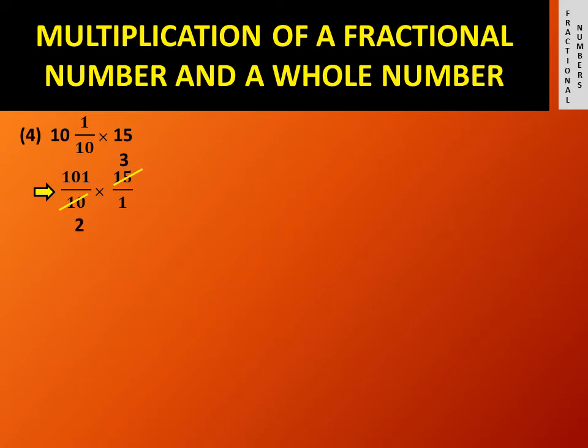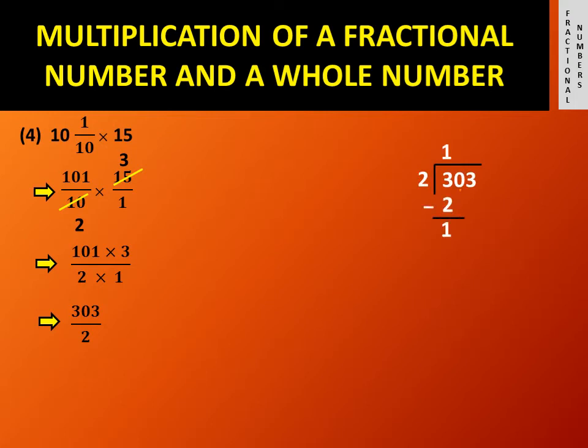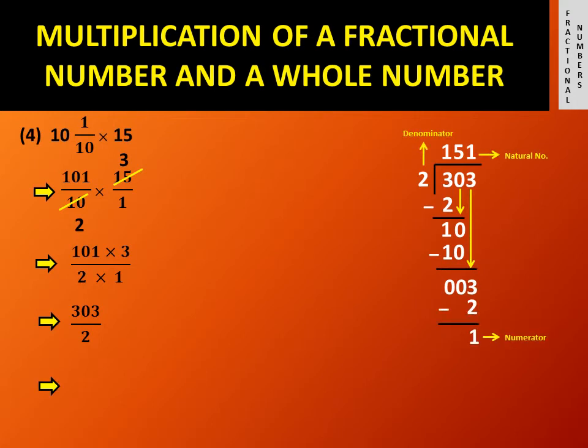Since now it cannot be further simplified, we multiply. 101 multiply by 3 and 2 multiply by 1. If we multiply, the answer is 303 upon 2. But it is an improper fraction, so we convert it into a mixed number. And everyone knows how we will convert an improper fraction into a mixed number. So the answer is 151 1 upon 2.